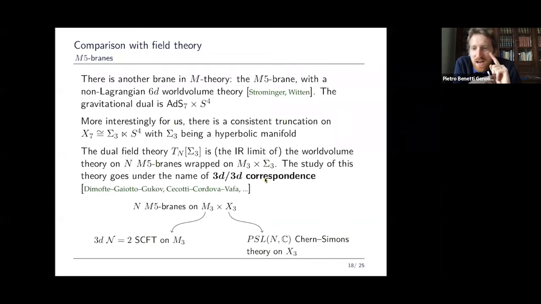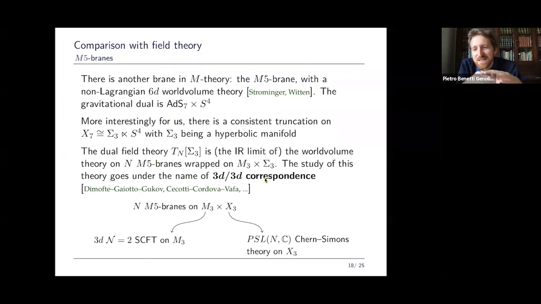This field theory arises from a different 7-dimensional manifold that is not Sasaki-Einstein. It is a fiber product of a hyperbolic 3-manifold times the 4-sphere. These field theories arise from a very mysterious 6-dimensional superconformal field theory wrapped on the hyperbolic manifold.